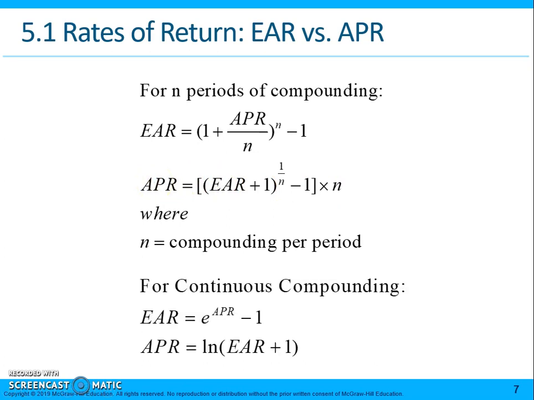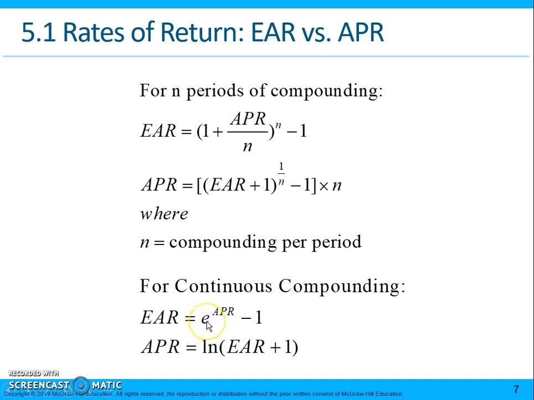If you happen to be doing continuous compounding, we're going to use e, which is 2.71 and a whole lot of other numbers after that. I'm sure your calculator has an e function. So it's e to the power of the APR.